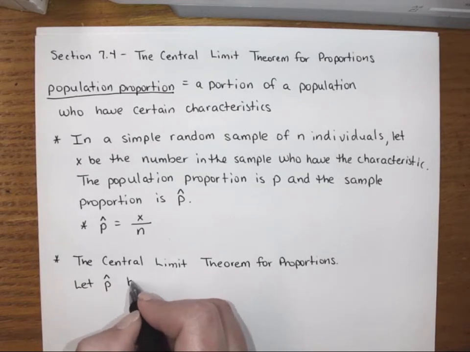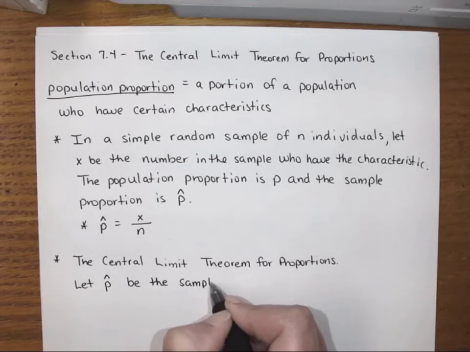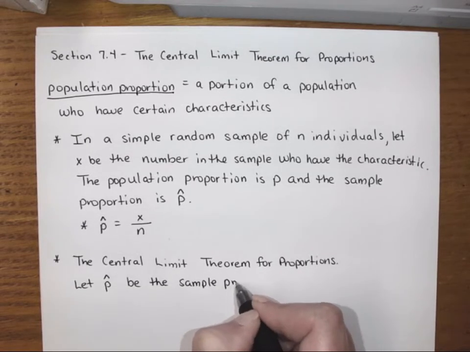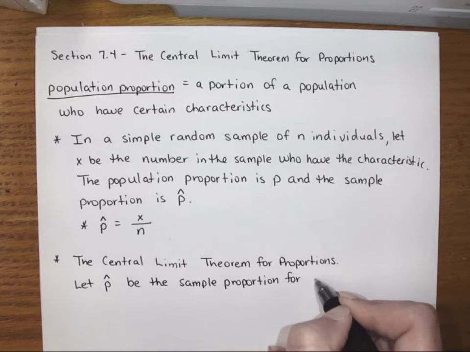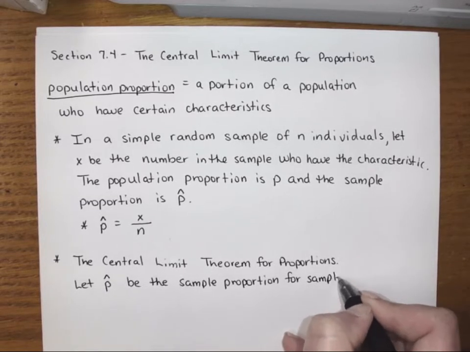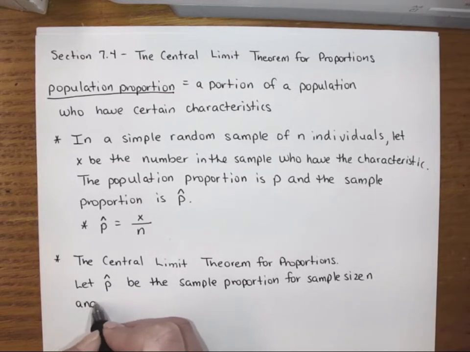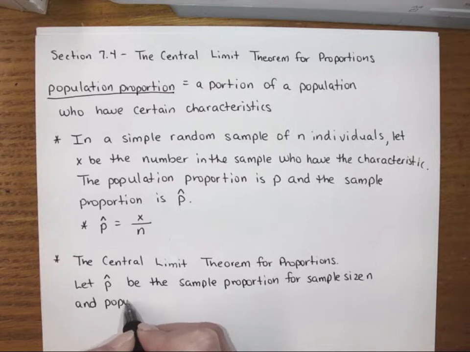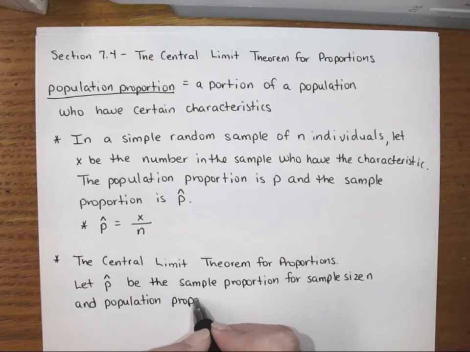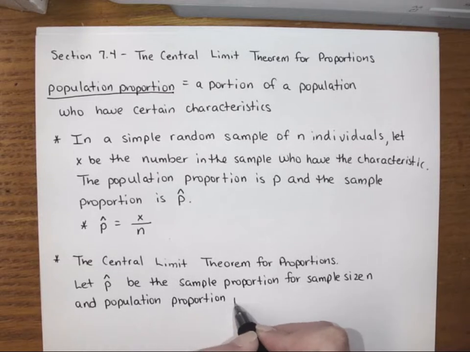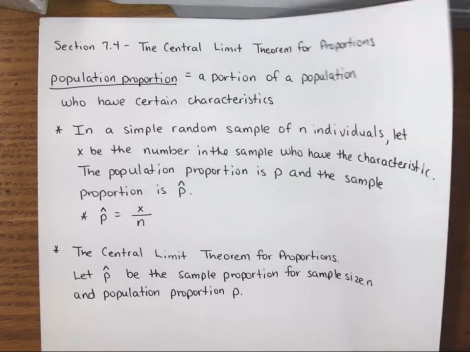So let P hat be the sample proportion for sample size n. And coming out of the population proportion, just regular P. So remember, regular P describes the whole group, the population. P hat describes the smaller group or the sample.